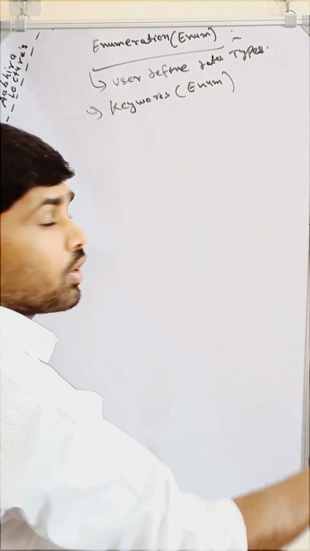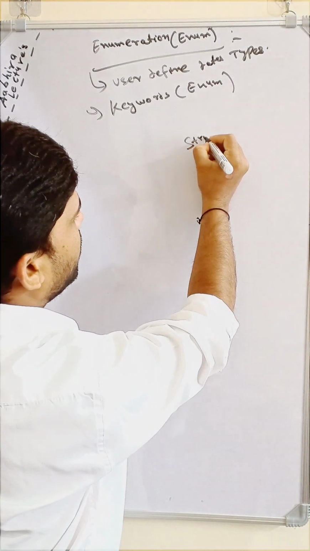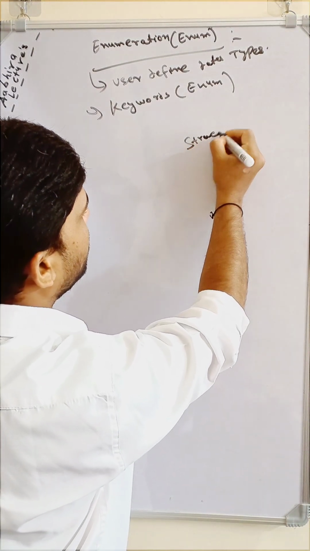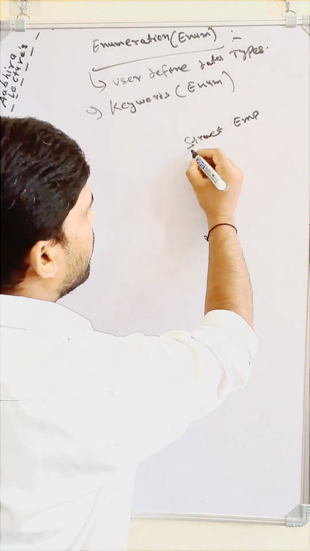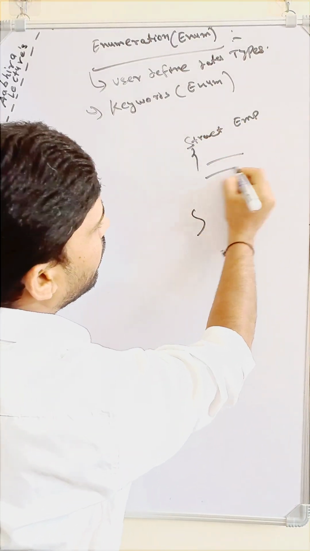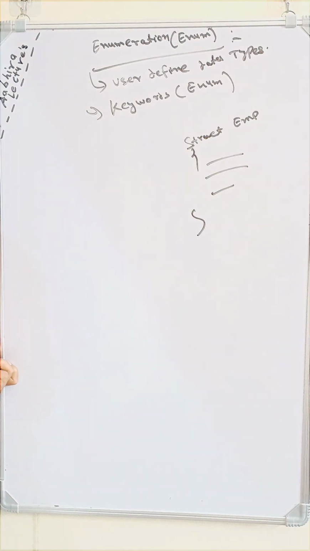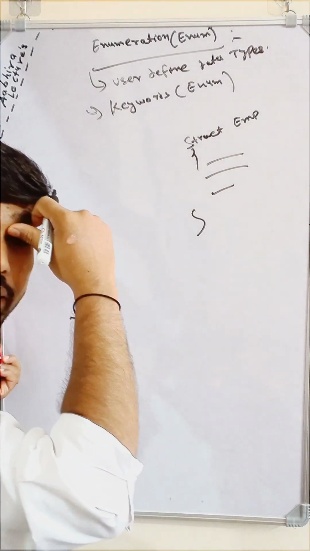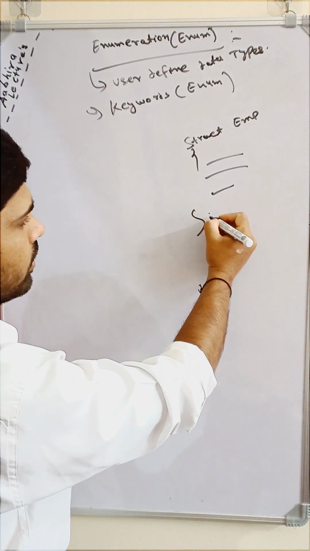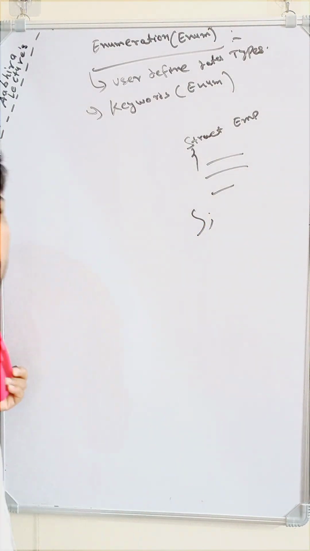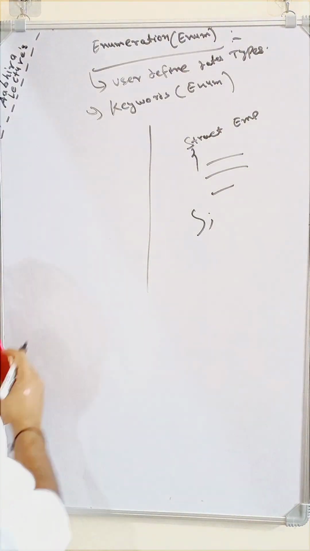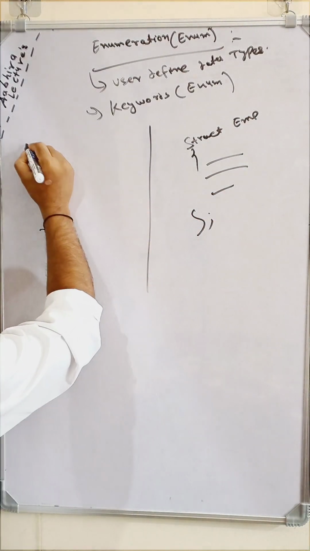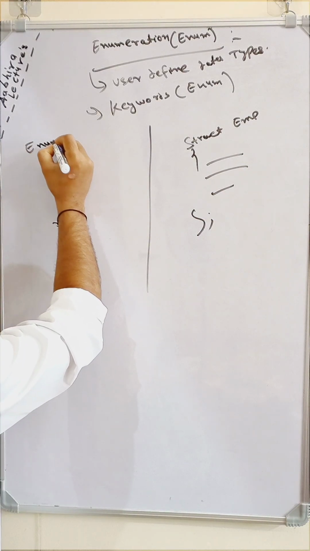We write a structure name like employee or anything, then inside we declare the list of members or data types, integer, character, float, and give a semicolon. So this is the declaration of a structure. Similarly here, we have to write the keyword enum.